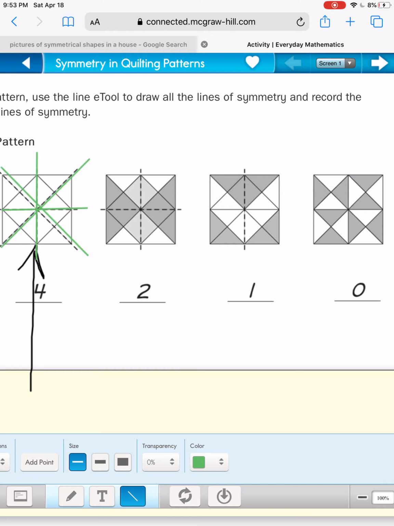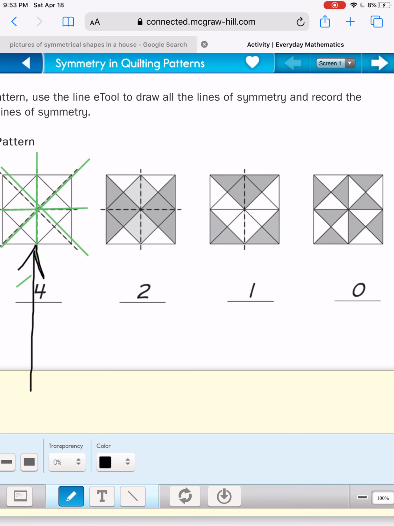So we have 1 vertical, 1 horizontal, and 2 diagonal. I apologize, the last line that I just drew was not really on that dotted line. But there are 4 lines of symmetry in this shape, or pattern rather.